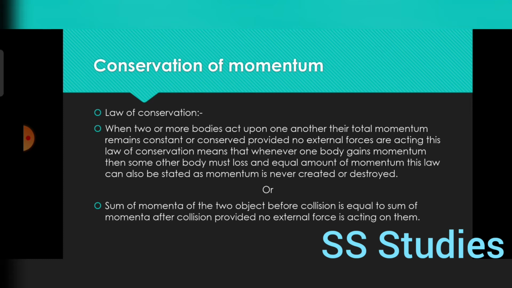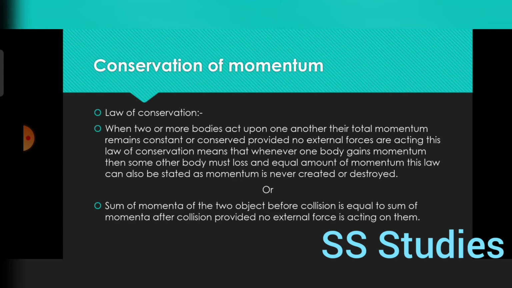Now we will discuss conservation of momentum. What is the law of conservation of momentum? When two or more bodies act upon one another, their total momentum remains constant or conserved, provided no external forces are acting. This means that whenever one body gains momentum, some other body must lose an equal amount of momentum.